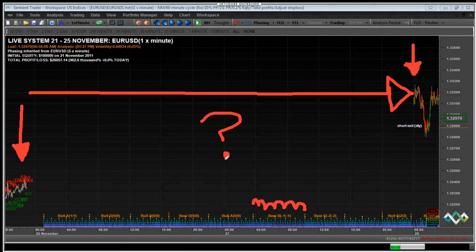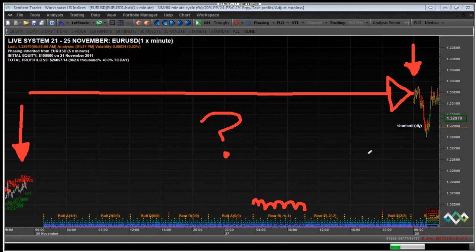So when you turn Sentient Trader on the first thing on Monday morning, it has got to bridge a gap in terms of its analysis. It's got to bridge a gap of 48 hours. How does it do it? How does it know what's happening? Well, it uses a fairly interesting process to generate dummy data, because it just does not have real data.